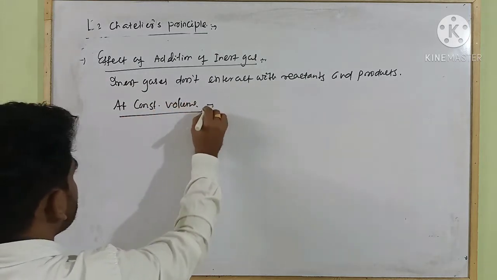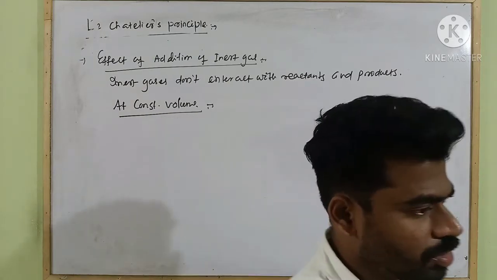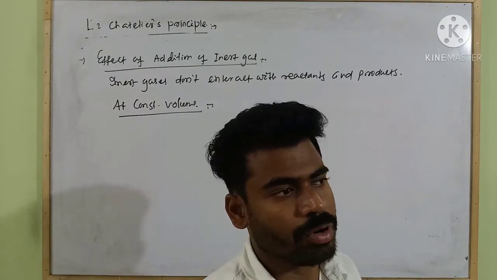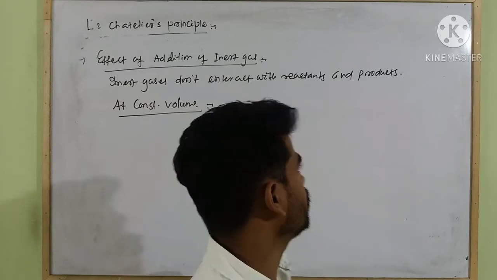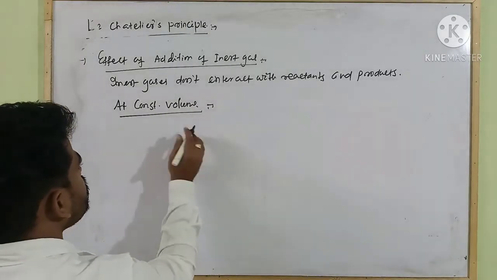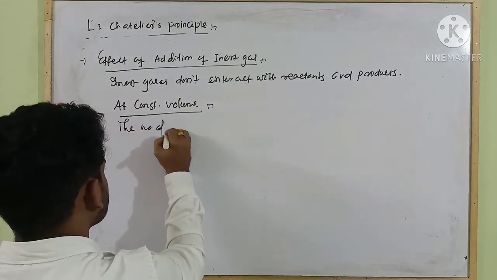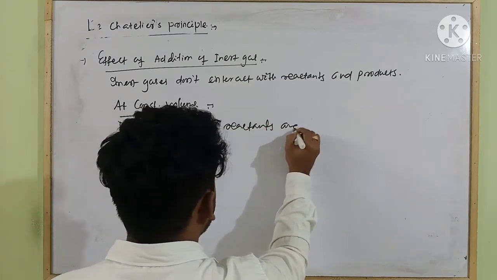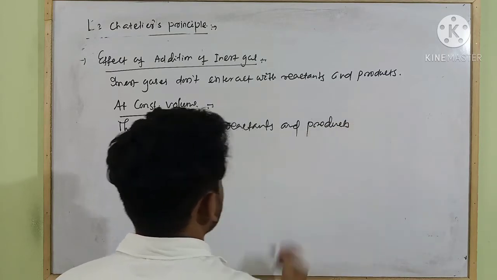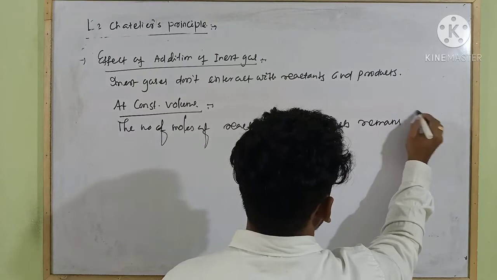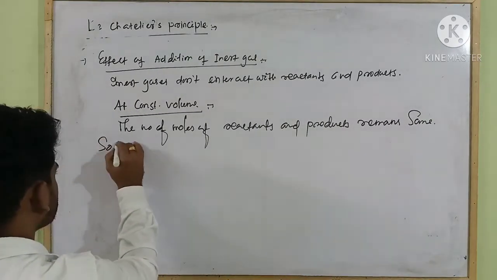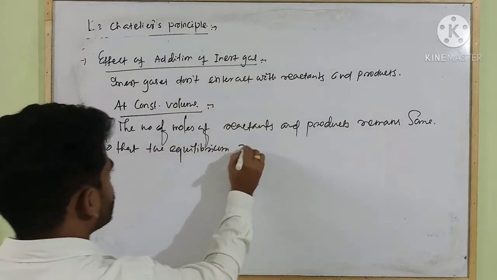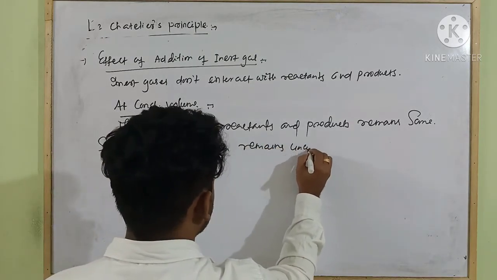At constant volume, as they do not interact with the reactant molecules as well as product molecules, the number of moles of reactants and products remains the same, so the equilibrium is not affected.